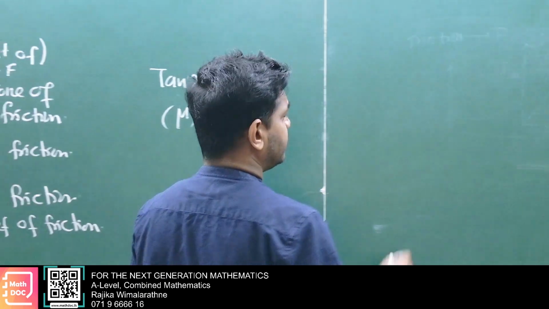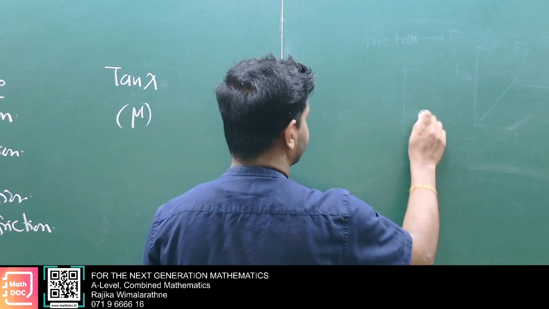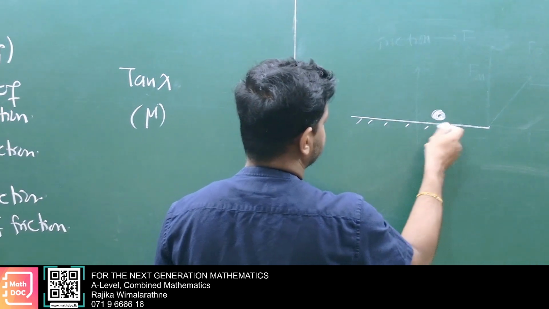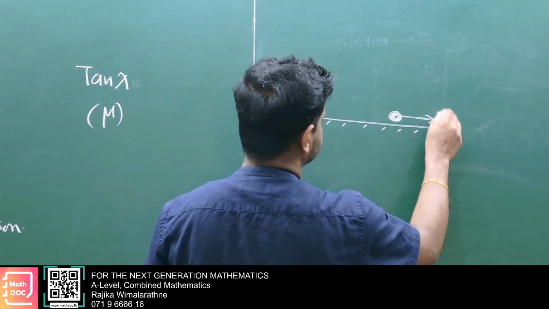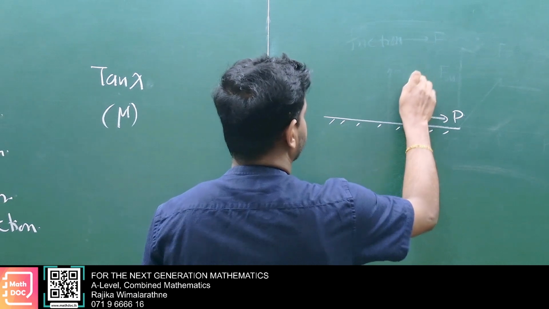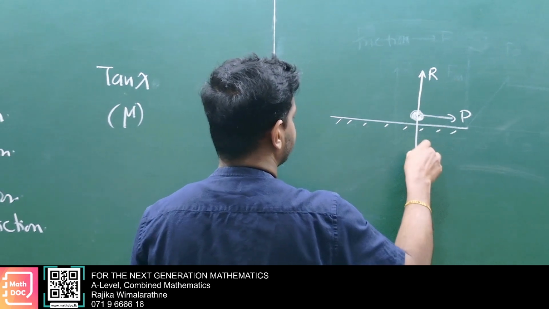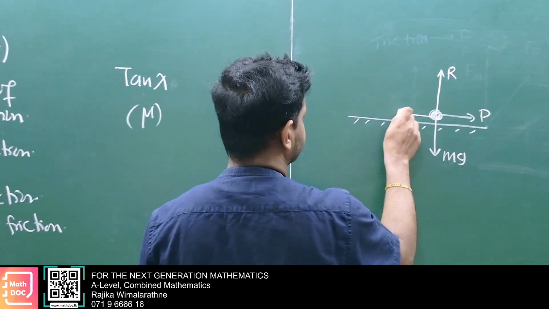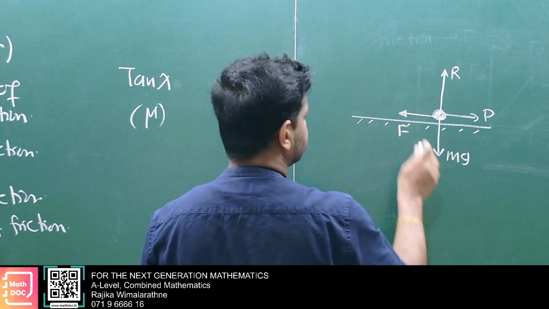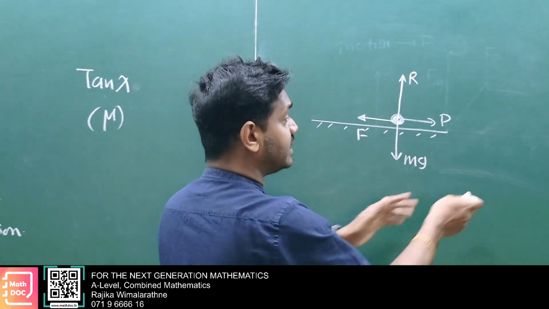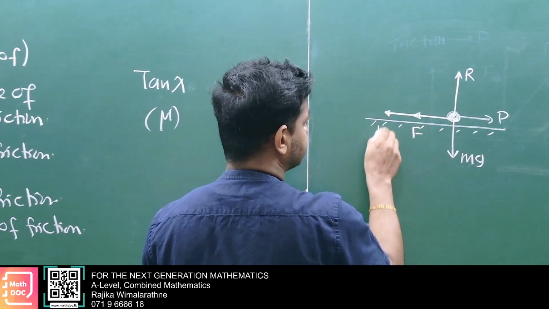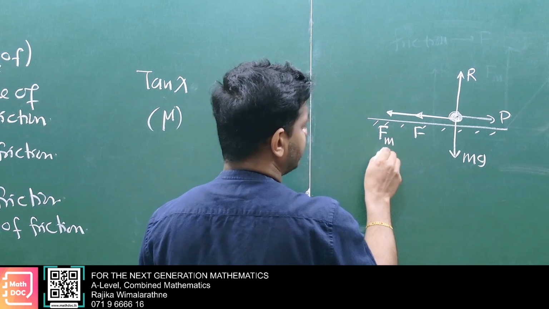Now see this one again. Consider this particle placed on a rough surface, with force P gradually increased. Here reaction R, here weight mg, and here friction. When it is in the limiting position, it has maximum friction, let's denote it by Fm, the limiting frictional force.